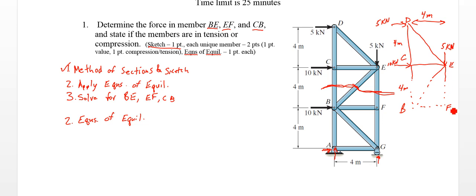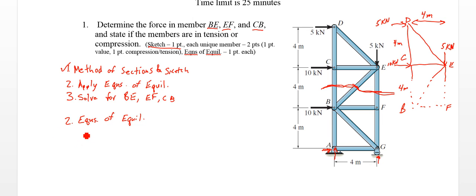We could take a moment around F. That gets a little more complicated. We have these two forces here. Could take a moment around E. That would be an equally valid point as point B. We would have EF not creating a moment, BE not creating a moment, and we'd only have CB. We could solve that directly. Or we could do both around B and E, and then lastly do a sum of the Y forces to get our other component there.